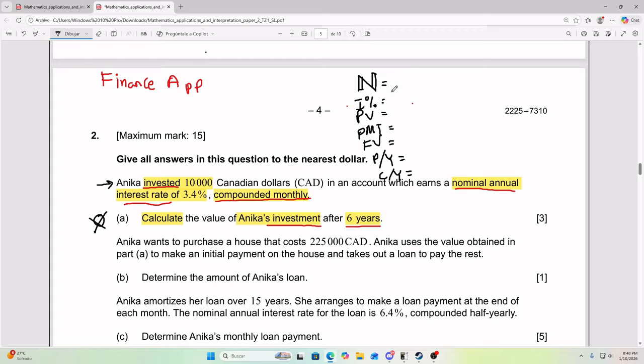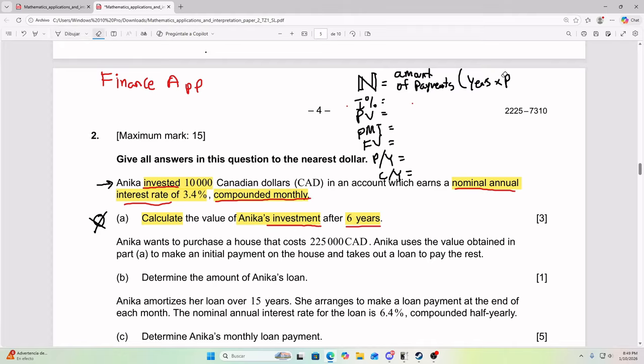All right. So big N, I need you to think about it as like the amount of payments. And so usually this is going to be something like years times, I would actually have you think about it like this.